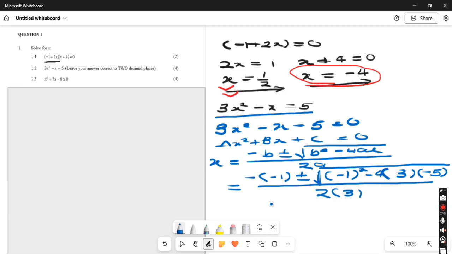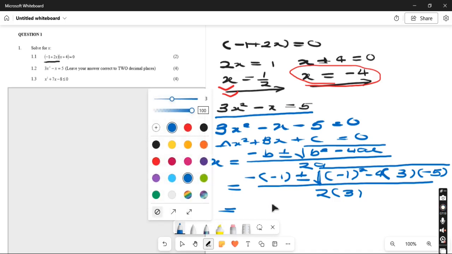So from here, you simply use your calculator and find the answer. Remember, when you're using the calculator here, you are going to do them separately because there are two signs, minus and positive. So you must take this into consideration.